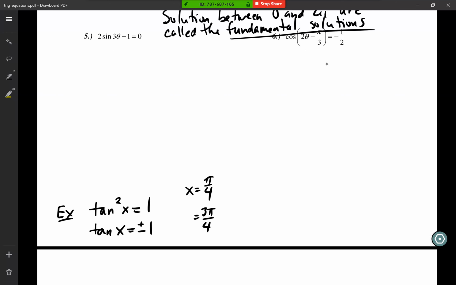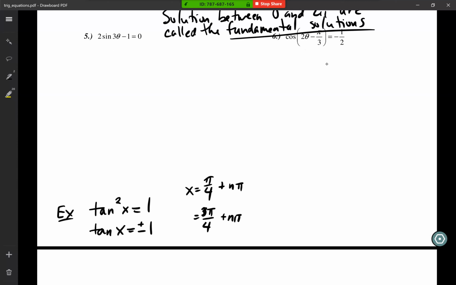But in this particular case, since I'm working with tangent, tangent has a different period. The period of tangent is pi, not 2 pi, right? So notice for tangent, as soon as I find solutions between 0 and 2 pi, I'm done because I can add just multiples of pi rather than multiples of 2 pi.